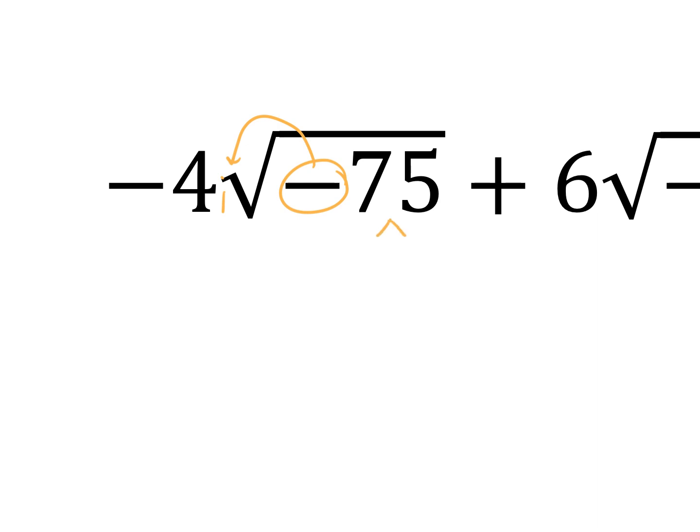What are 2 factors of 75? 25 and 3. 2 factors of 25? 5 and 5. So what would come to the outside? 5. But what did I already have on the outside? So negative 4i times 5 would be negative 20i. Do not forget to multiply by what's already outside. What has to stay on the inside? 3.